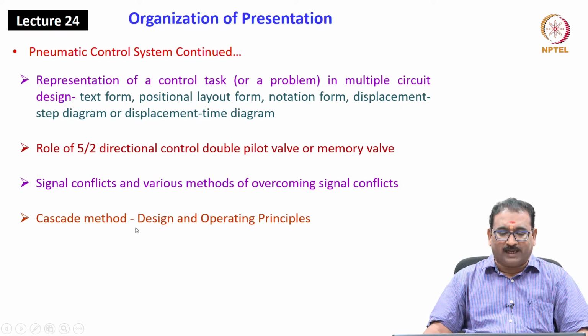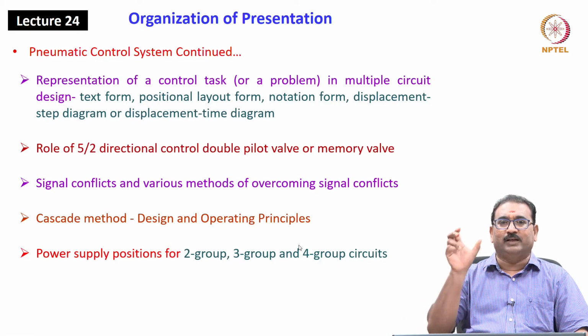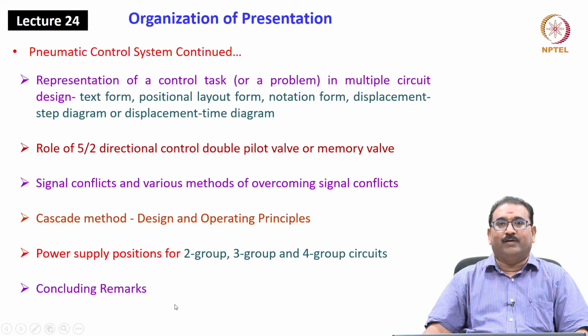Next we will move on to the cascade method, design and operating principles. Here we will discuss the power supply positions for 2 group, 3 group and 4 group circuits. These are very essential when we are handling 2, 3 or 4 actuators in sequencing. Finally, I will conclude today's talk.